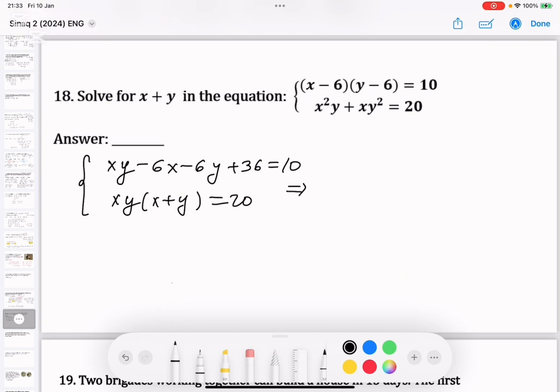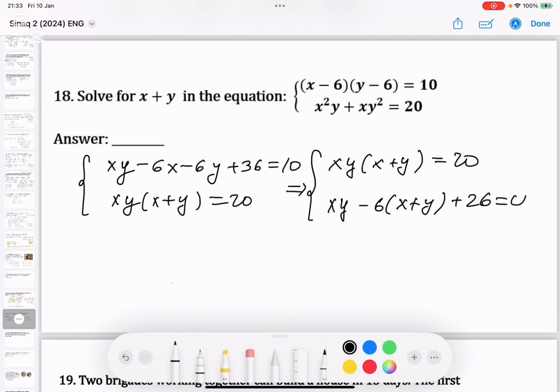Then let's simplify the first equation further. Well, let's leave the second equation as it is. Nothing can be done here. In the first equation, we can factor out 6 and have xy minus 6 times (x plus y) plus 26, that's equal to 0.